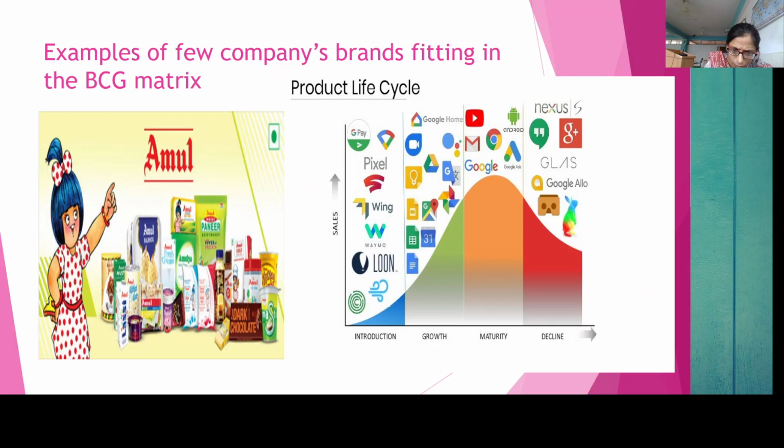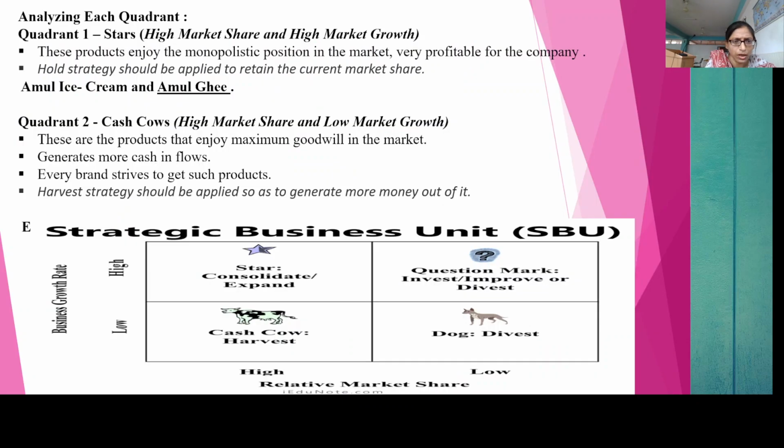We have a few examples like Amul, Google, and so on. Suppose we discuss each quadrant with examples.